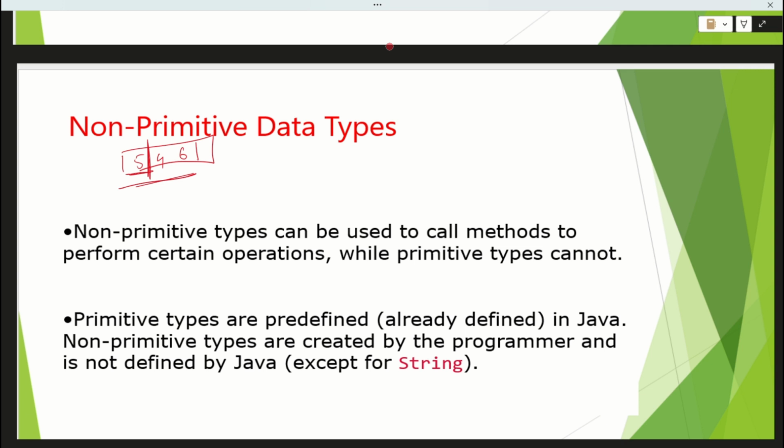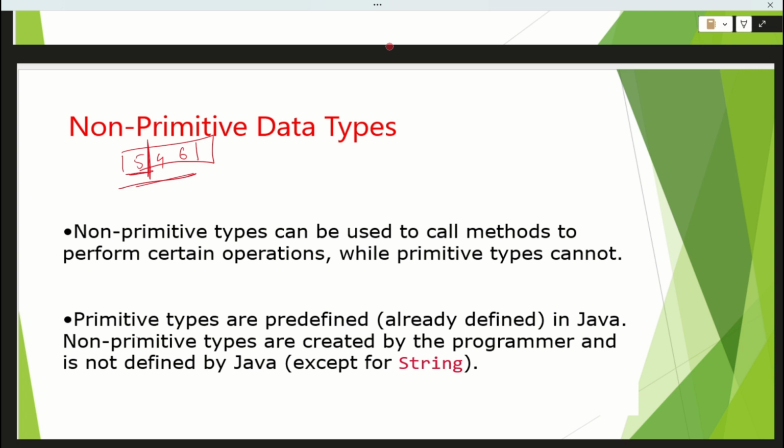Non-primitive data types are used to call methods to perform certain operations, while primitive types can't call methods. This will be clearer when I discuss call by reference and call by value. At that point you will have more understanding of this.